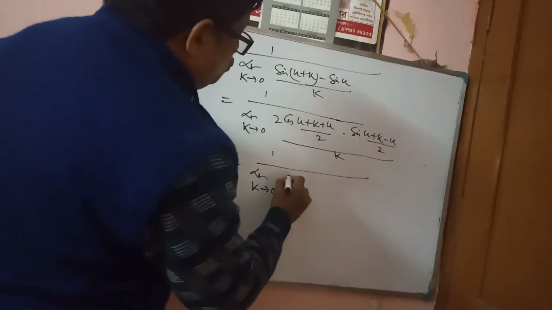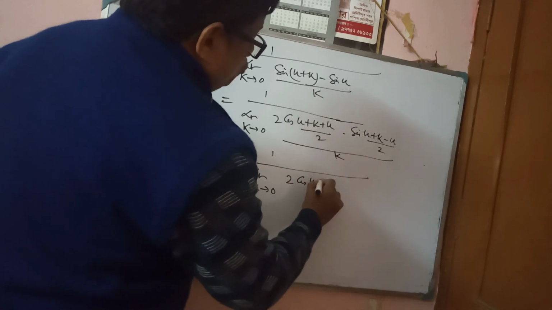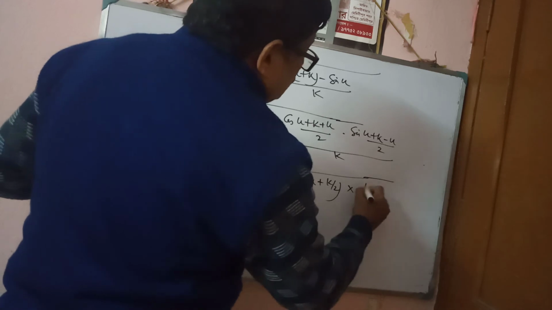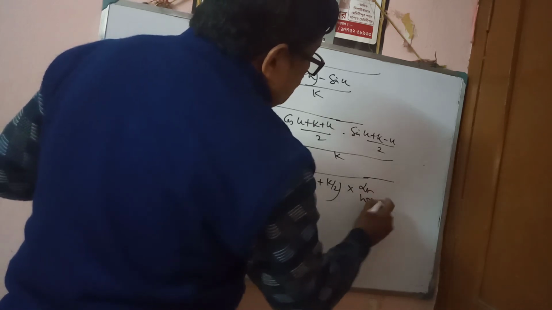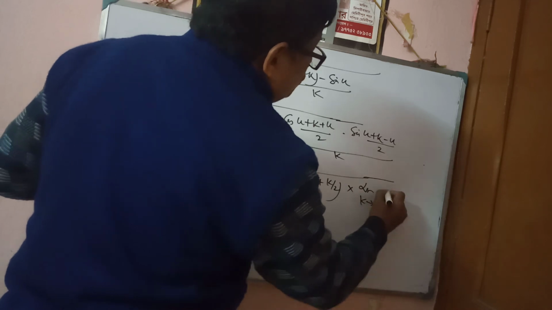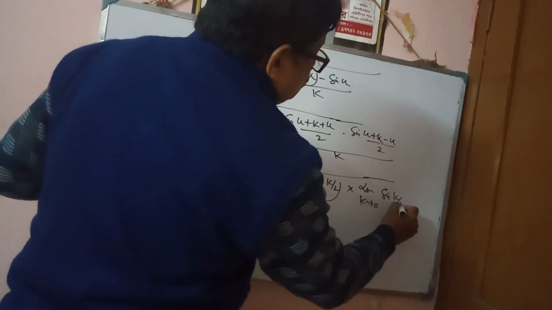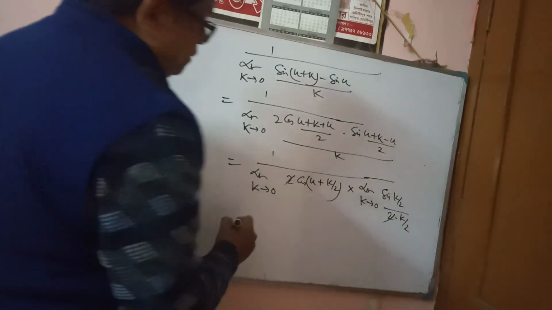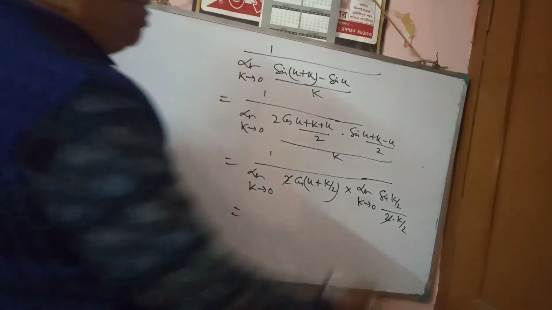Now 2 cos(u plus k by 2) into limit k tends to 0 of sin(k by 2) by 2 into (k by 2); the 2s cancel. So this limit is 1.